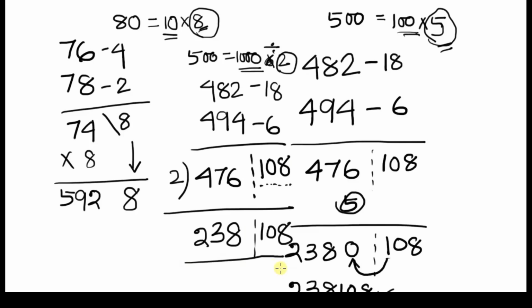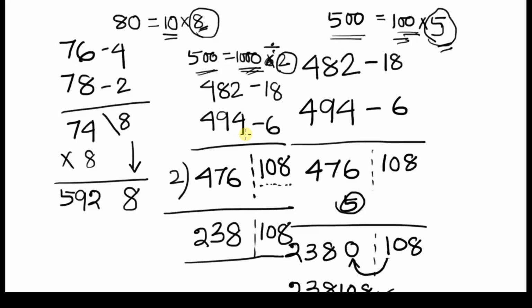Multiply 476 by 5: 5 sixes are 30, so 0 and 3 carried; 5 sevens are 35 plus 3 is 38, so 8 and 3 carried; 5 fours are 20 plus 3 is 23. So this is 2,380.